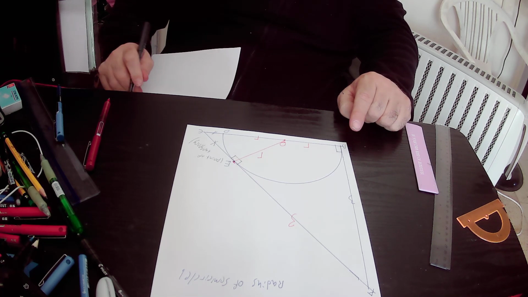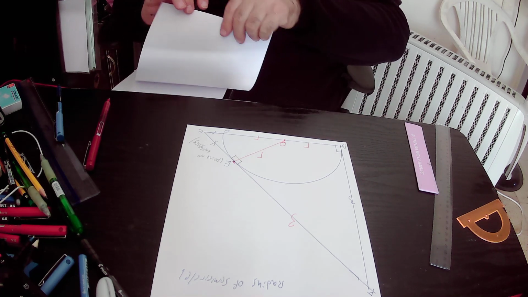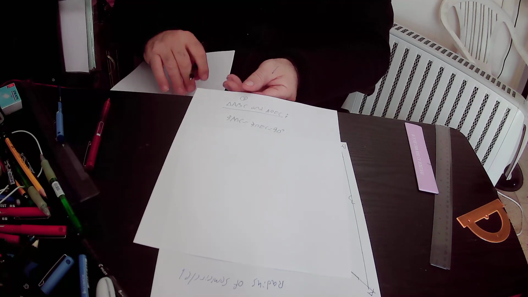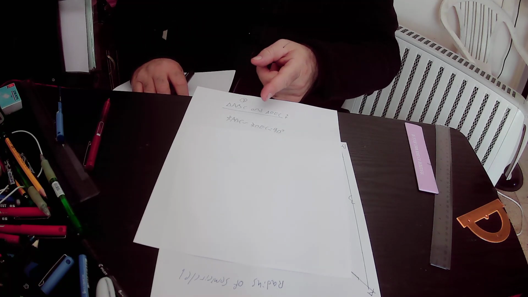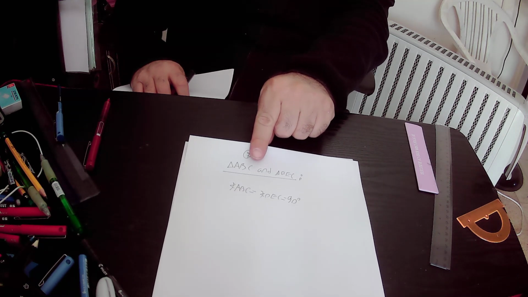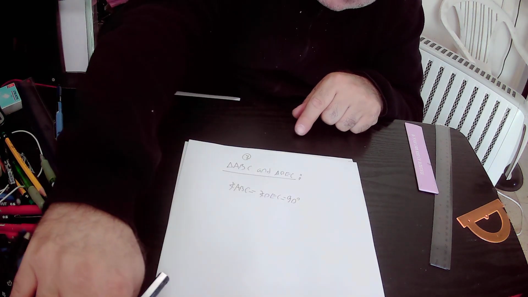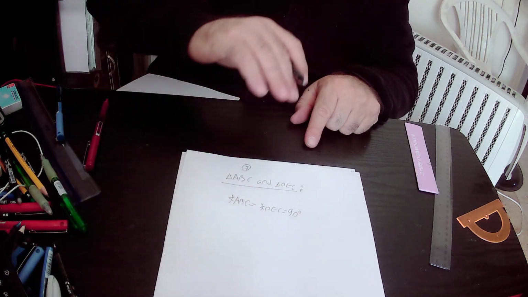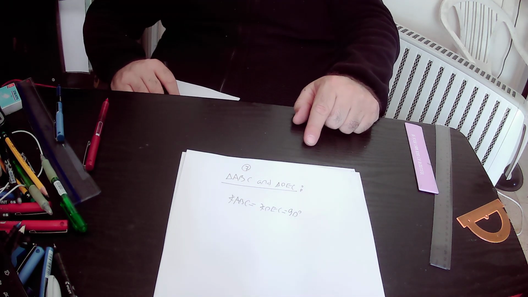Okay, so I will repeat again, angle ABC equals to angle OEC, and both angles are equal to 90 degrees.